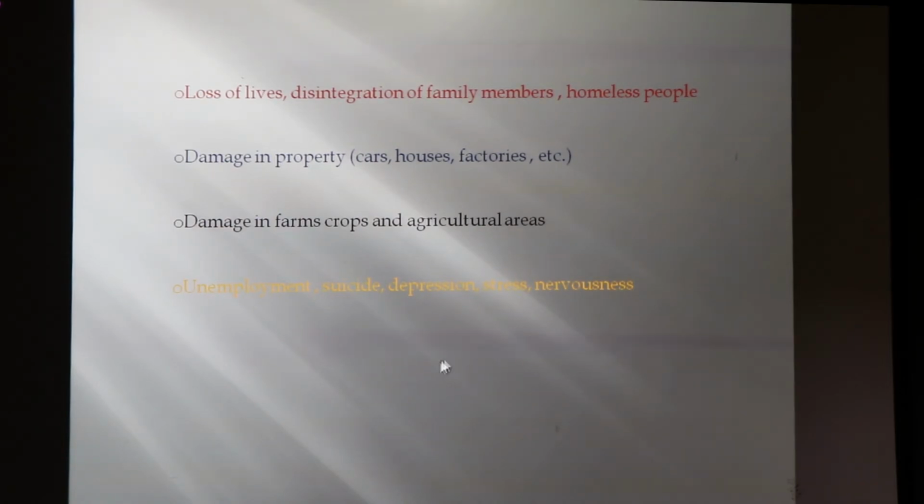All of these are effects of natural disasters. So you can see damage in property, damage in farms, crops and agricultural areas, and also they have social effects concerning unemployment. Some people commit suicide because of depression, and they have stress and nervousness.